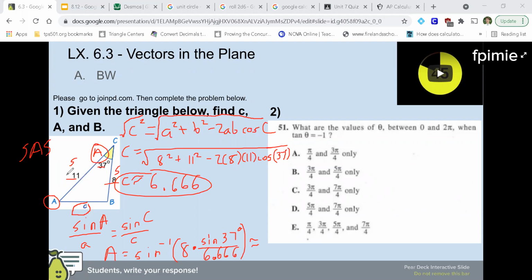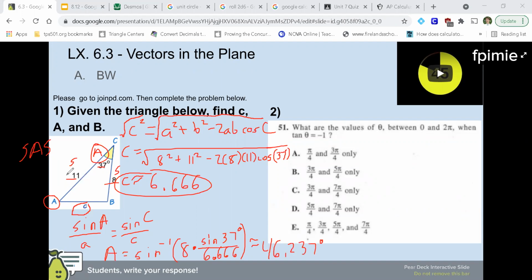Type that into the calculator and you get about 46.237.